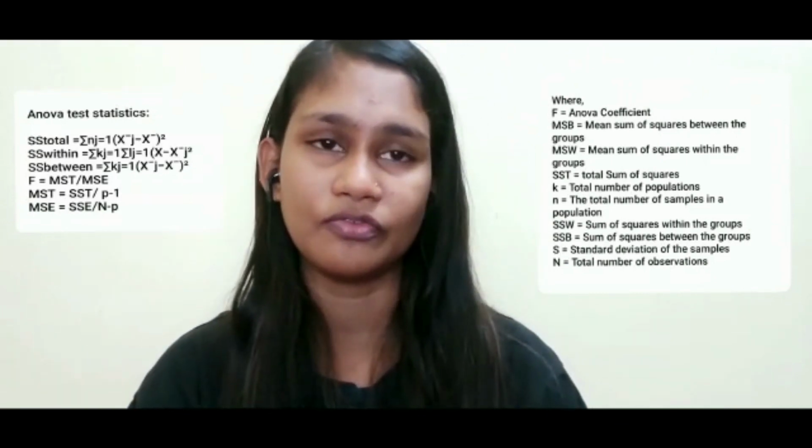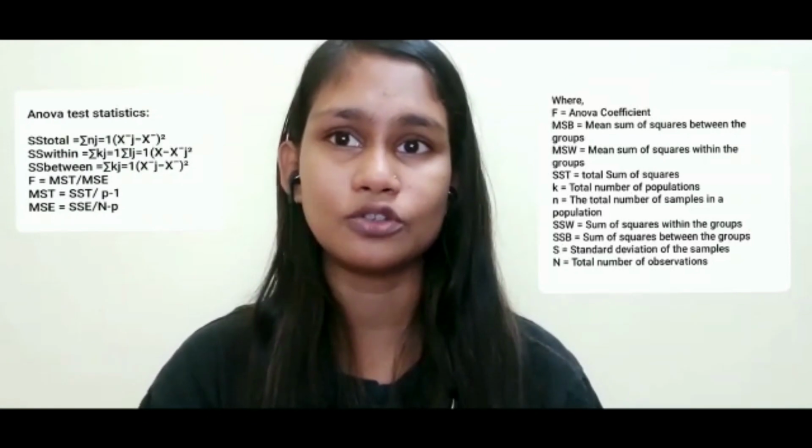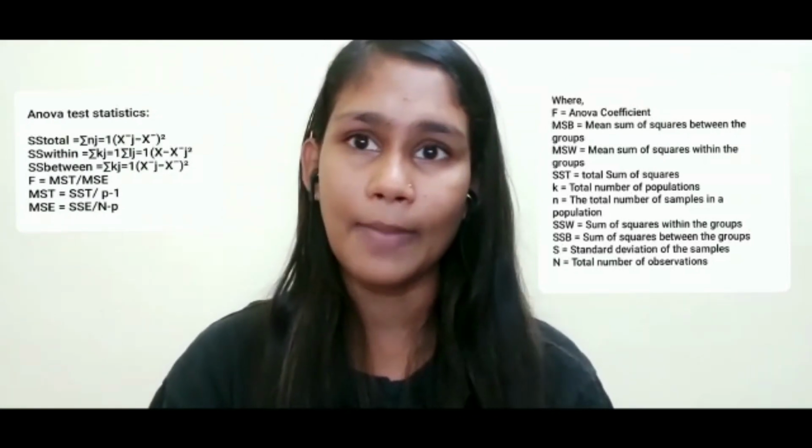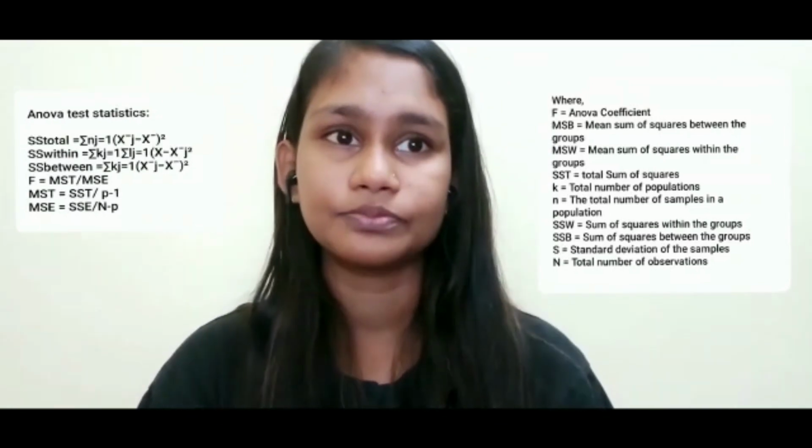Otherwise, we fail to reject the null hypothesis. Based on this, we can draw a bell curve, and lastly, we construct the summary table.